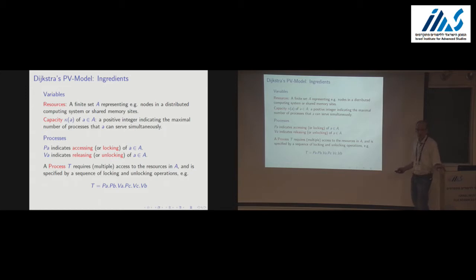Where's the value of P of A and B? Where do they live? No, this is just an indication. P says that, yes, we open A, and V means that we close A. It's very simple. I'm using A now, and I no longer use it.